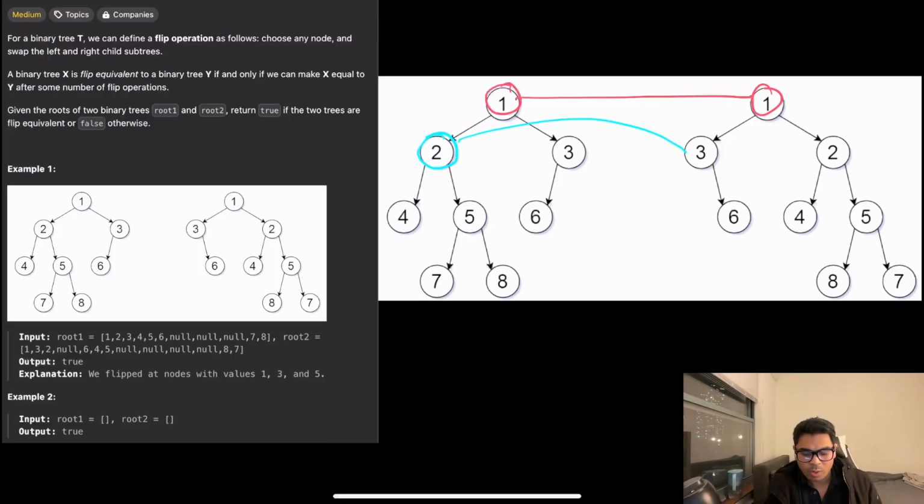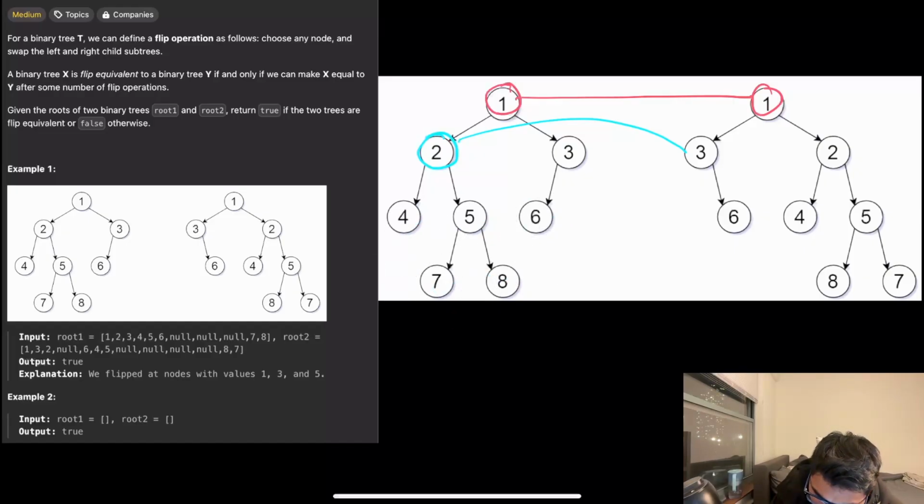And I'm not saying just the left subtree. It will happen for all the nodes, okay? It's not just this node. I'm just saying one node at a time. That's what I'm trying to say.